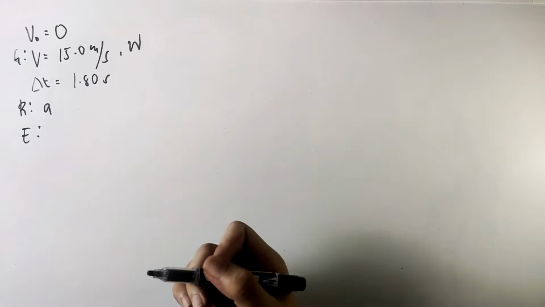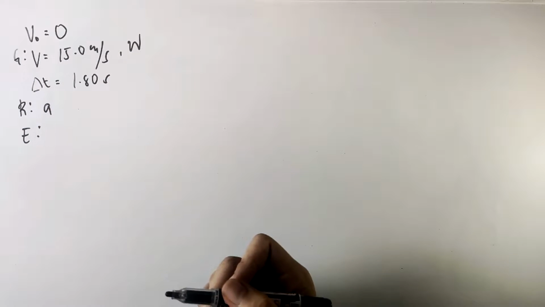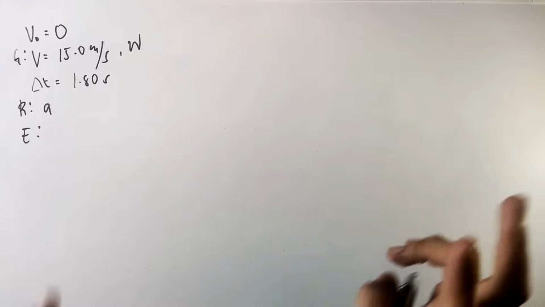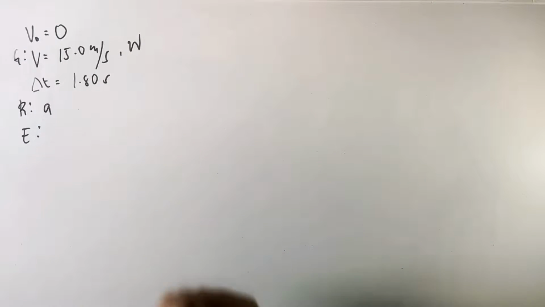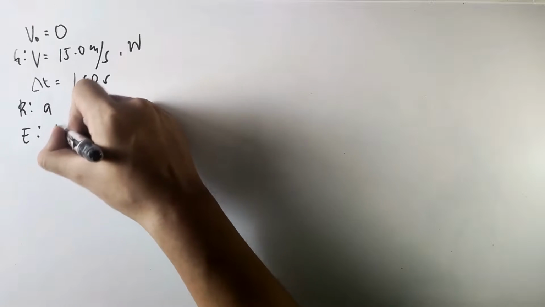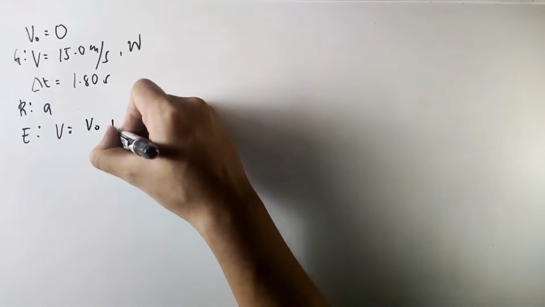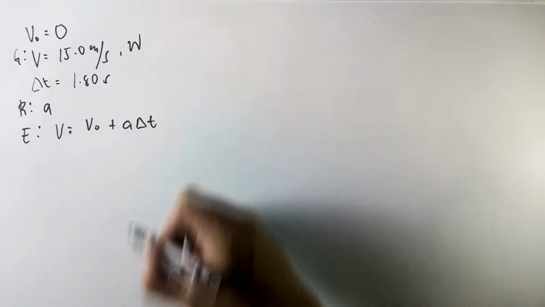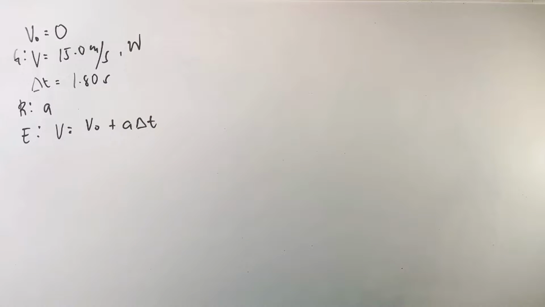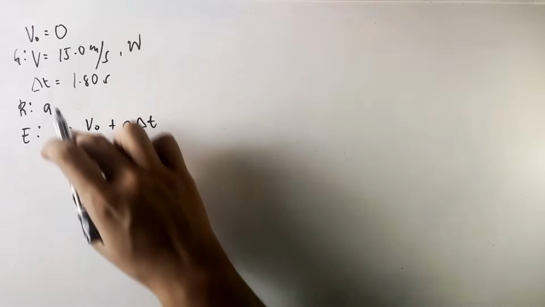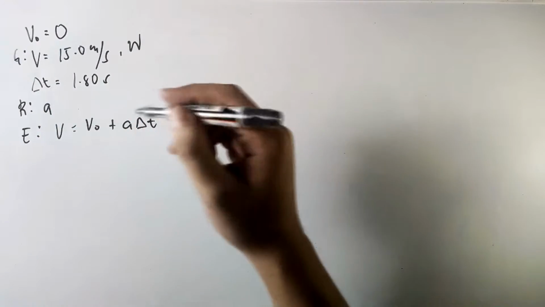So upon looking at your guide, that would be v is equal to v sub 0 plus a delta t, correct? If you're going to notice, look at the variables.